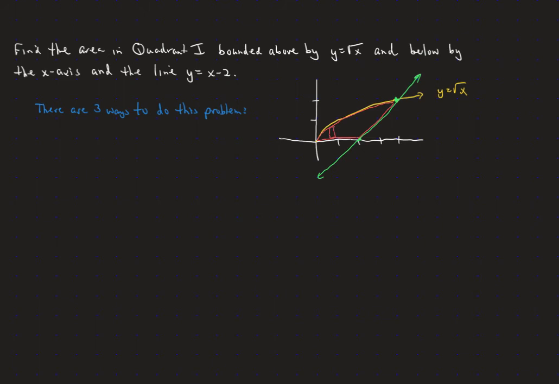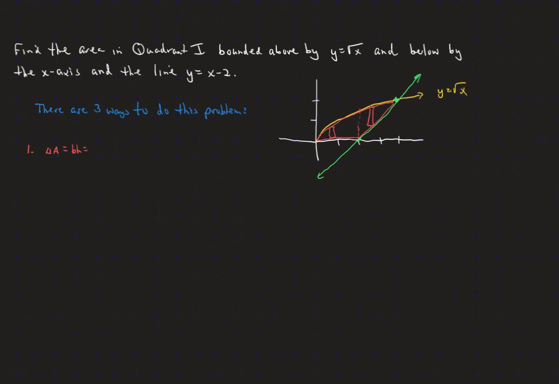If we try doing this with vertical rectangles, so here's our method 1, then our delta area is going to be a base times height, but you can see that our height is going to be different for part of the interval than it is for the second part.